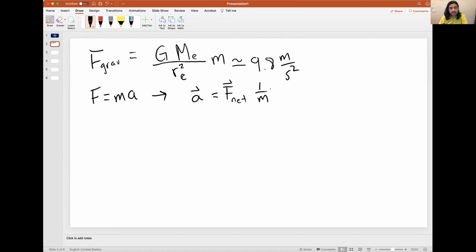So that's the acceleration of the object of mass m. So we have the mass of the object on both ends, and the acceleration and the acceleration due to gravity both rely on this mass.